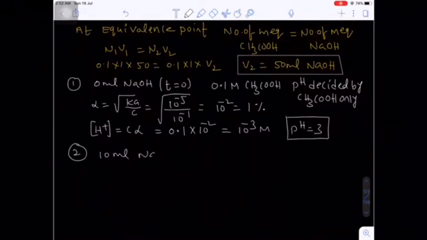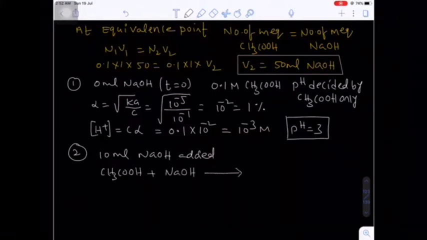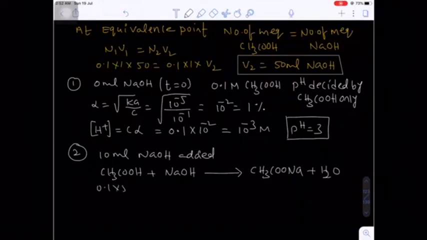Now let's suppose I am adding 10 ml of NaOH. What happens? 10 ml NaOH added. Now acetic acid reacts with NaOH to give sodium acetate, CH3COONa, plus H2O.